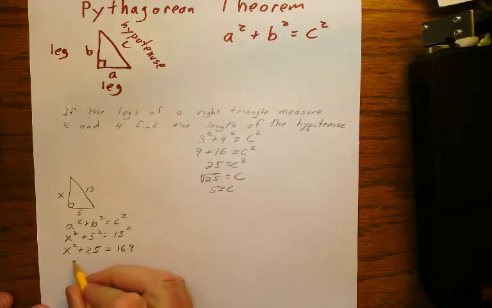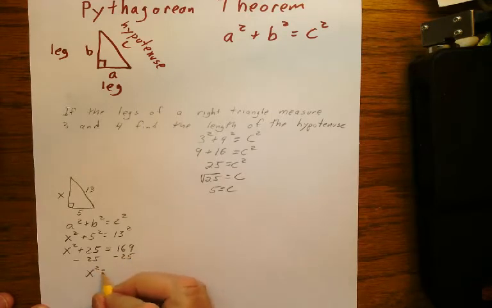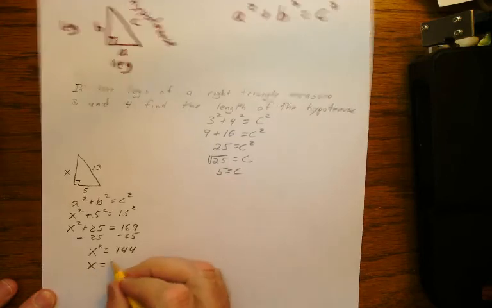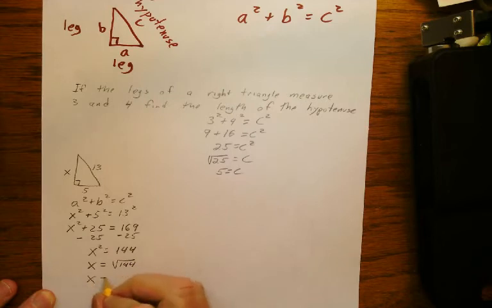Now let's solve this like it's a regular equation, minus the 25 from each side. Bring down the x squared equals 144. And then our last step is to take the square root of 144, and that will give us our x, and x is equal to 12.